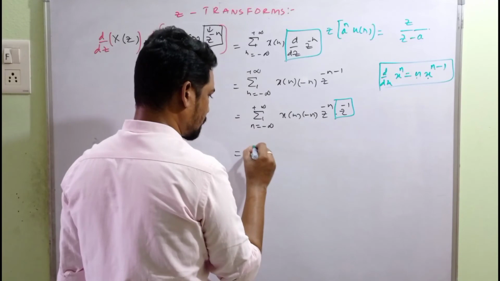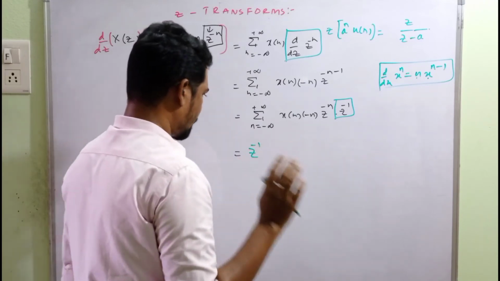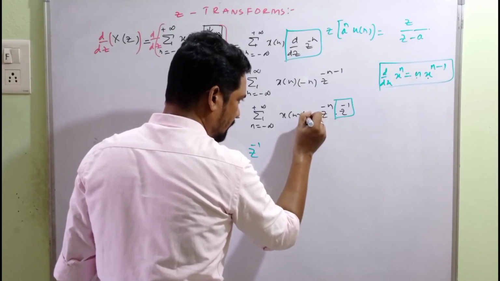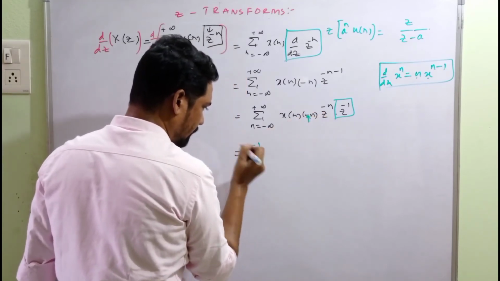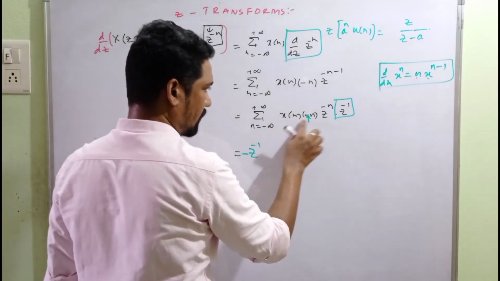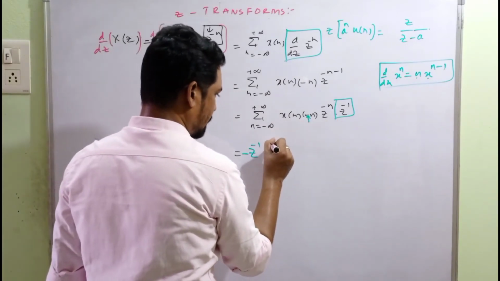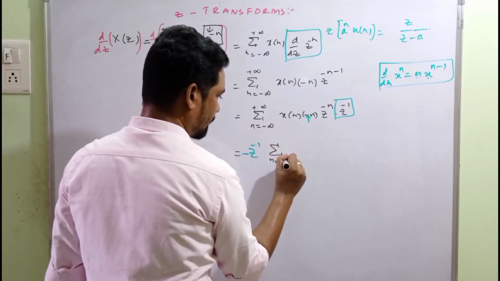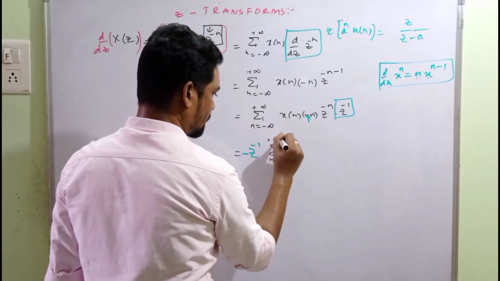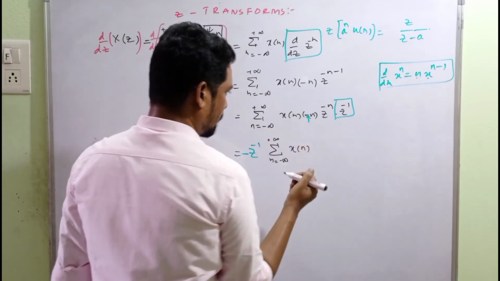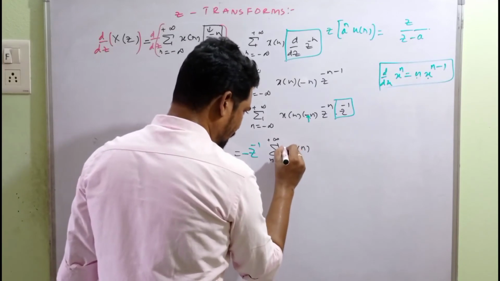And a small transformation, watch carefully. We have a negative over here, even that negative can be written out. Negative has come out, z raised to minus 1 has come out, and the summation n equal to minus infinity to plus infinity, x of n, and hey guys, it's even z raised to minus n also inside.